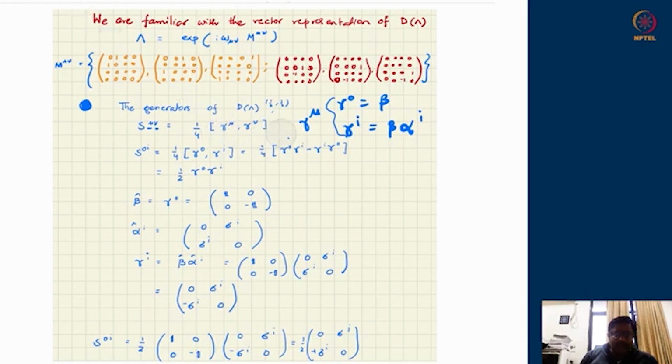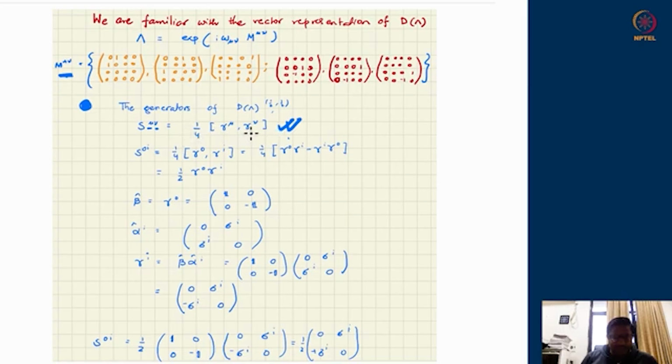My claim is that this satisfies exactly the same algebra which these M mu nu satisfy. Remember, this has 6 pieces in it, 3 rotations and 3 boosts, and they satisfied a relation amongst themselves which was suitable for Lorentz transformation.